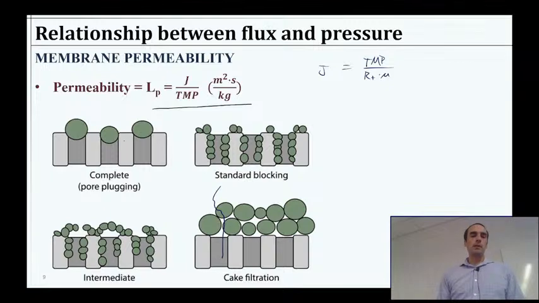We could have complete blocking. That's if the particles sit straight into the pore and just plug it up all the way. That's actually not too common. Standard blocking is a little more common, where you just start accumulating the particles along the edges of the pores. And at some point, you're getting somewhere between that standard and cake filtration.